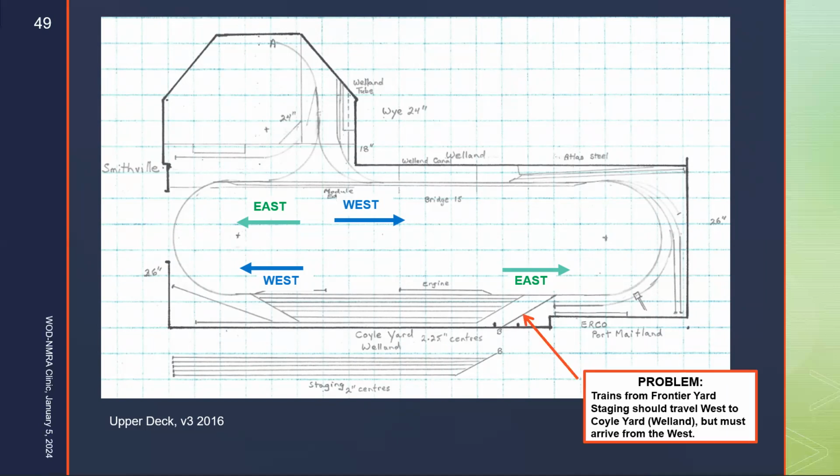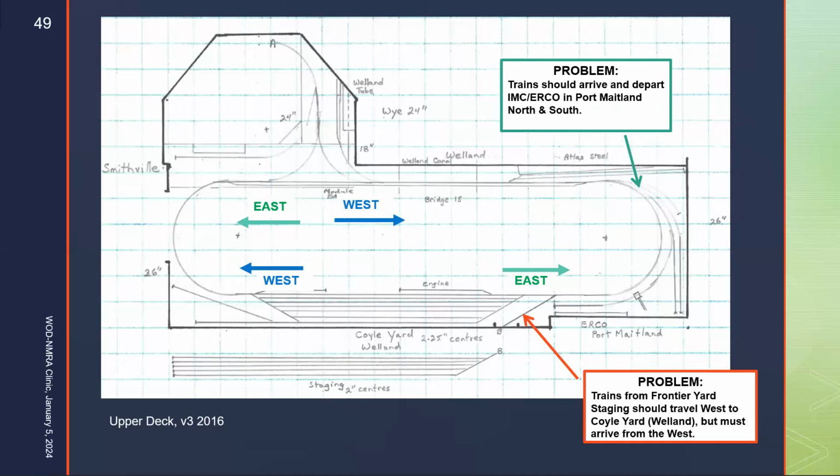So when you come in from the Frontier Yard from Buffalo staging yard, you're going in the wrong direction. You should be going from east to west, and in fact, you're going to end up going from west to east when you get around to Quail Yard.